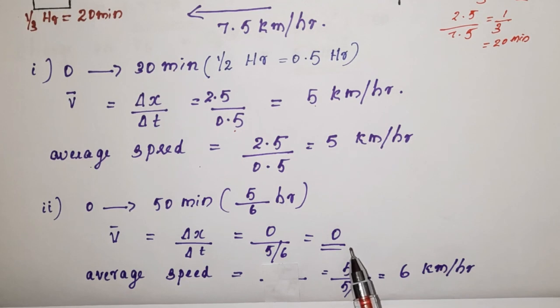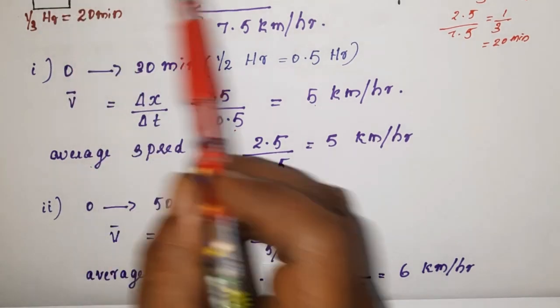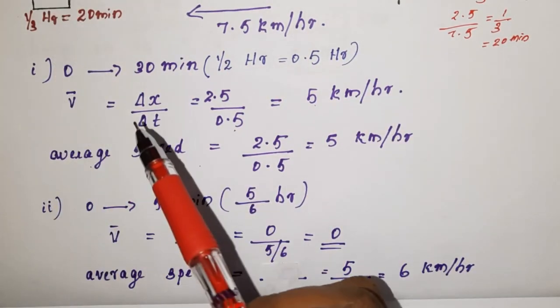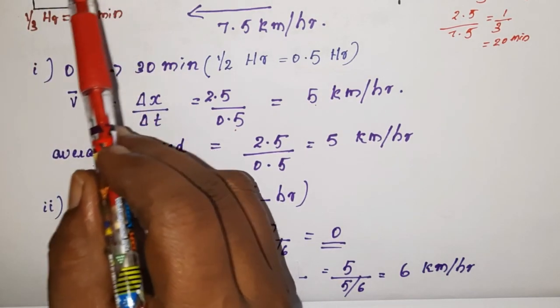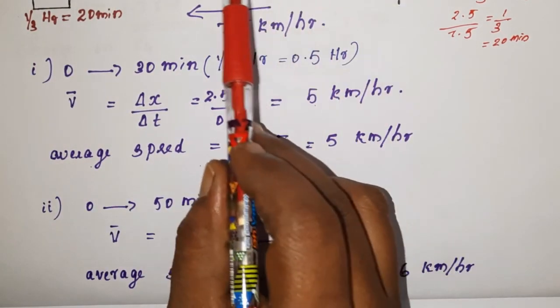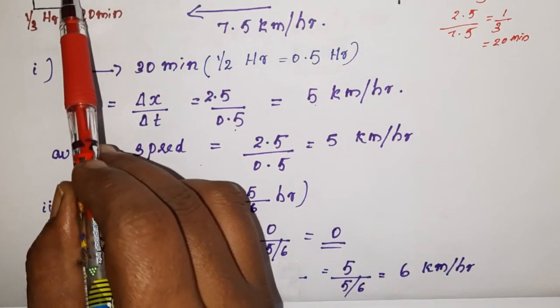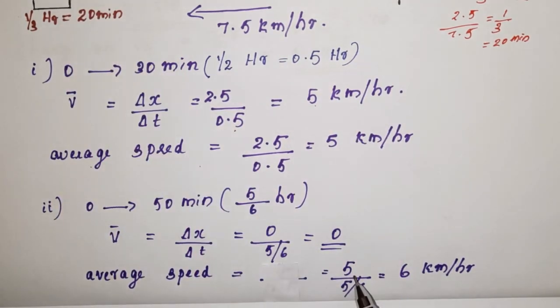So in this case, average velocity is 0. Now average speed is total path length by total time. Here the total time taken is 50 minutes or 5 by 6 hour and the total path length is 2.5 kilometer plus 2.5 kilometer, that is 5 kilometer. So 5 divided by 5 by 6 will give you 6 kilometer per hour.